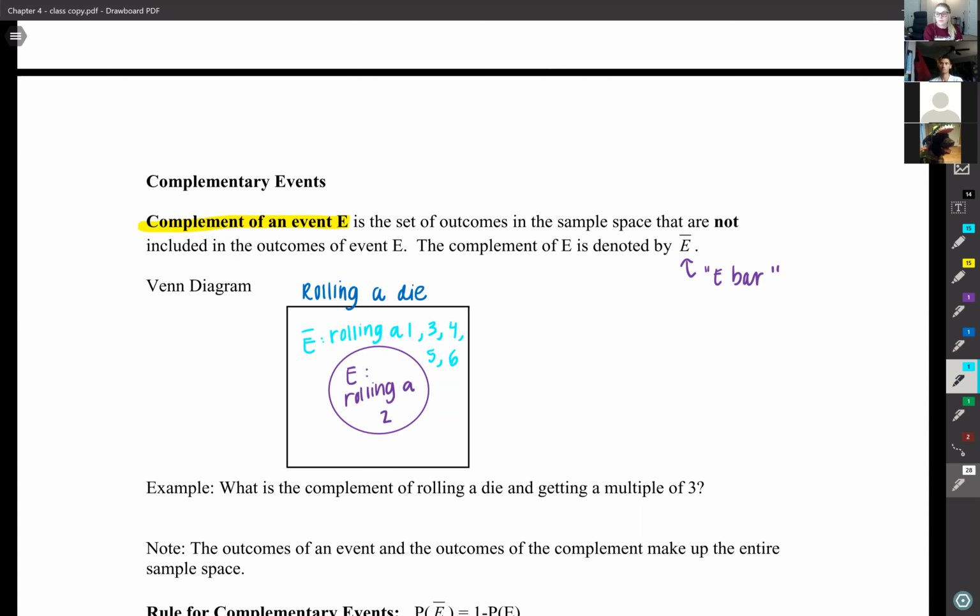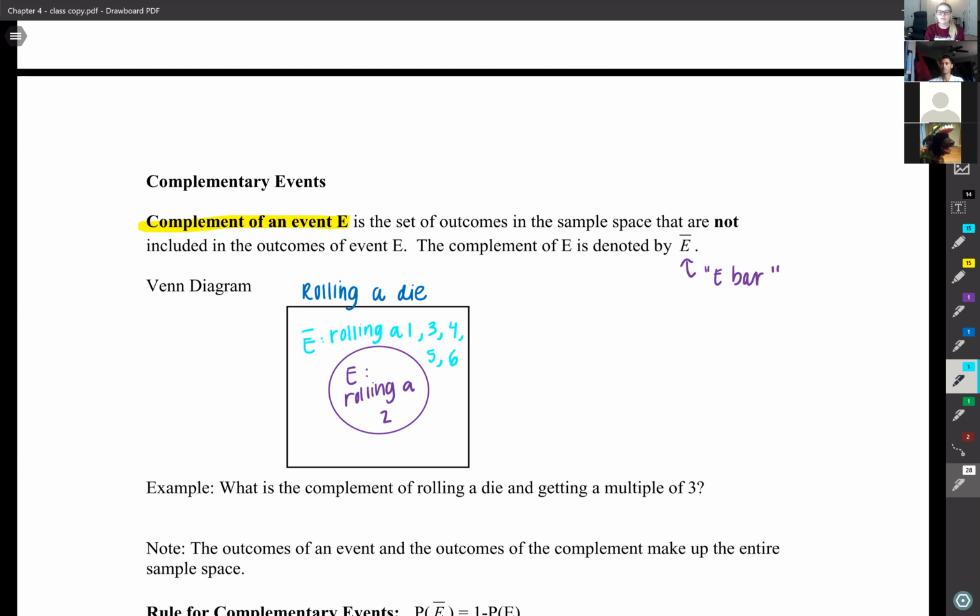The complement of E is just everything that's not E that's possible. If my event E is getting heads when I flip a coin, E complement would be getting tails. Or if my event E was rolling a 1 or a 2, E bar would be rolling 3, 4, 5, or 6.